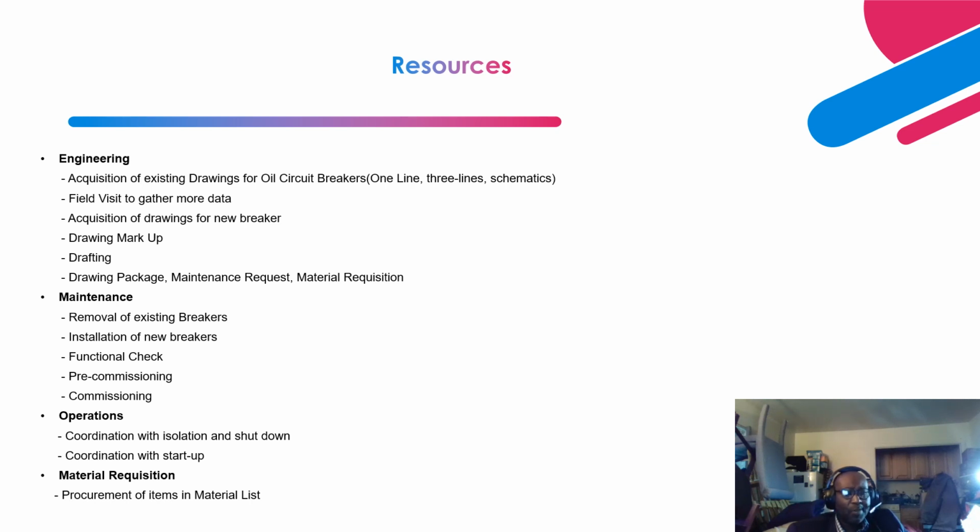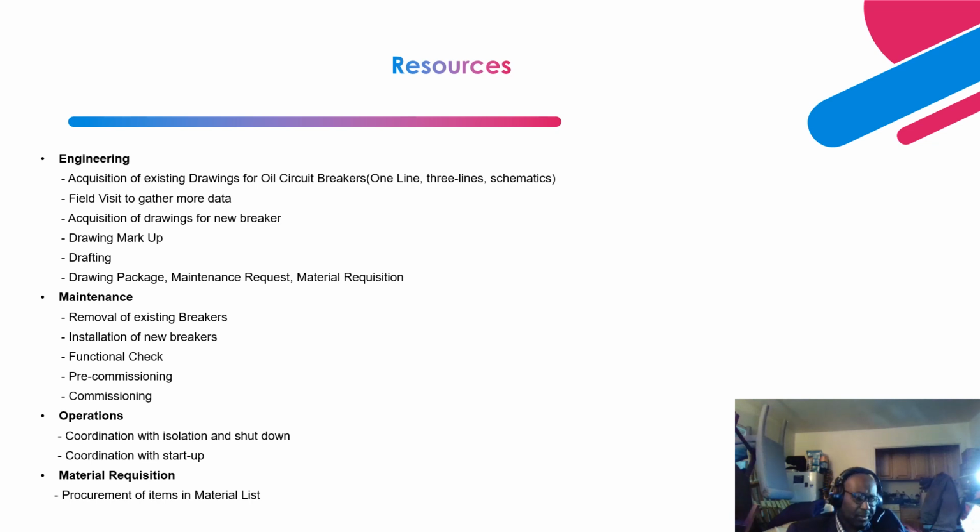Then you can create a job plan for it and get a material list. Then put in your material requisition and create a purchase order for the purchase of whatever additional equipment and parts you need for the replacement of these breakers.